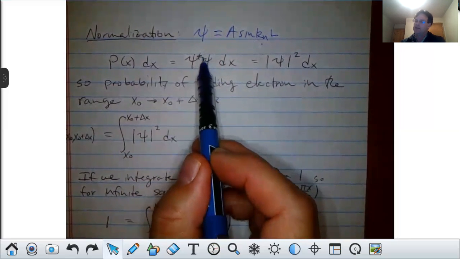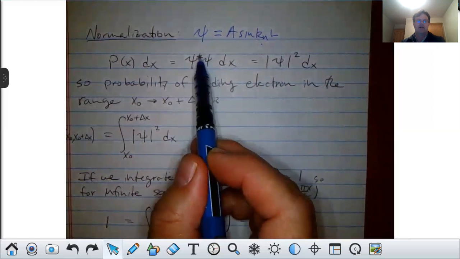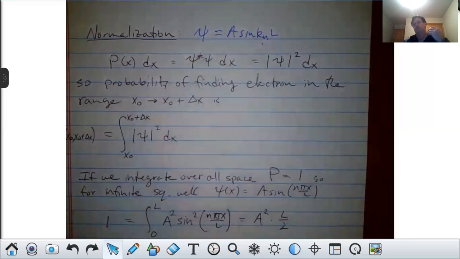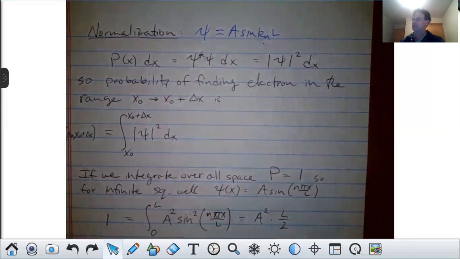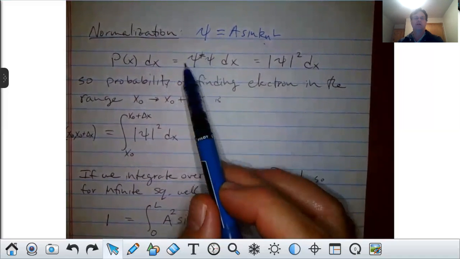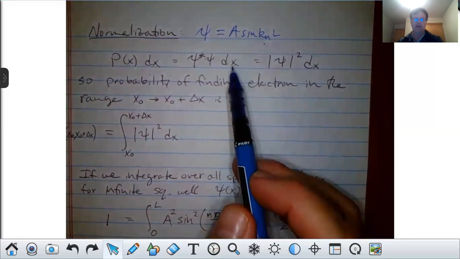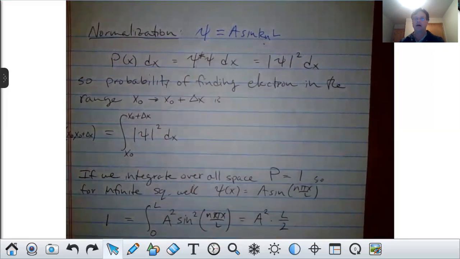Now I have to take this psi star. The psi star is what's called the complex conjugate. When I have a complex function, the complex conjugate just changes all the i's into negative i's. The reason for that is because it will give me a real number, which I need for a probability. I can't have a probability be a complex number.